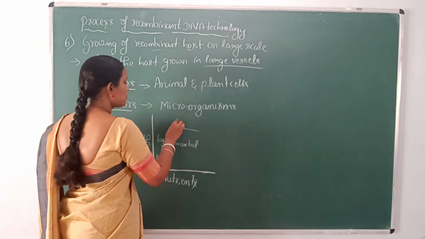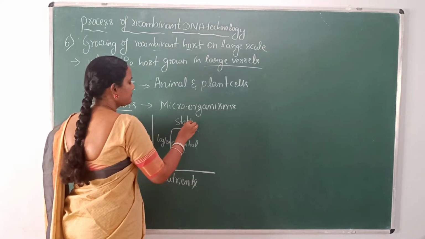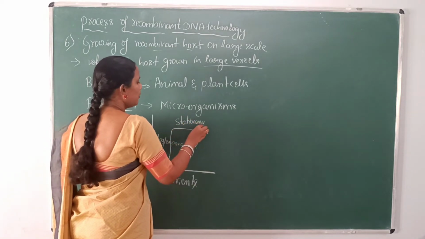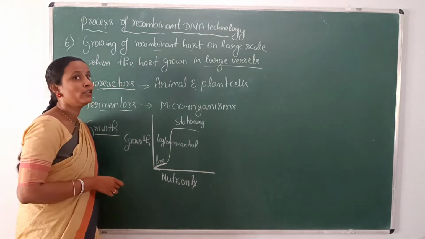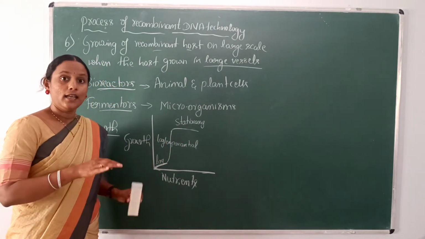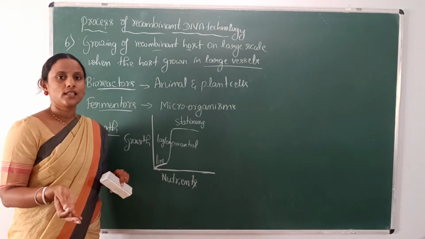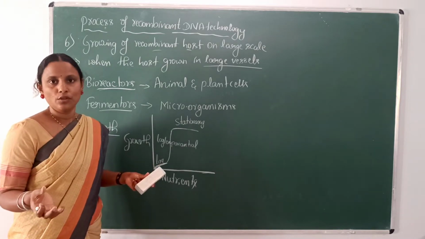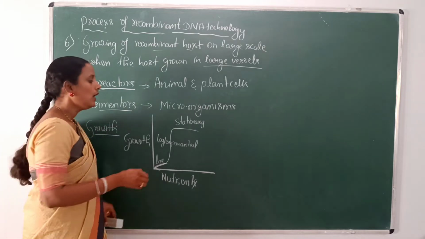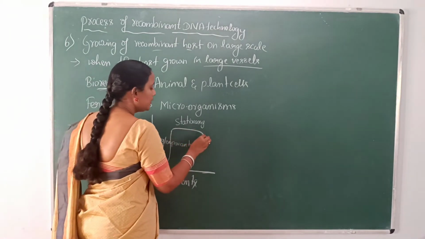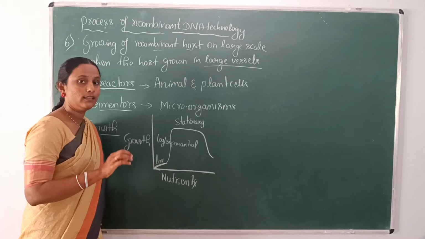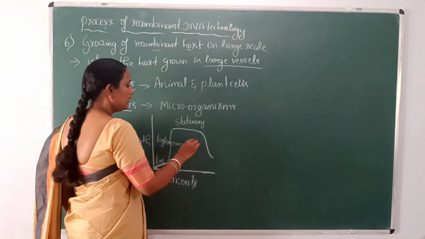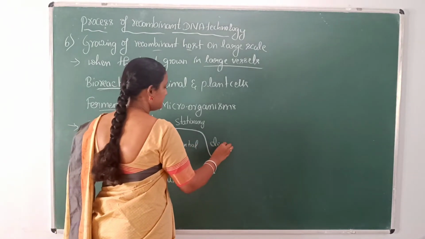That means this is called stationary. The organism will not be growing if the nutrients are exhausted. And after this phase, the toxicity will increase still more because of the metabolic waste, and the cells will start dying, and that is called death phase.